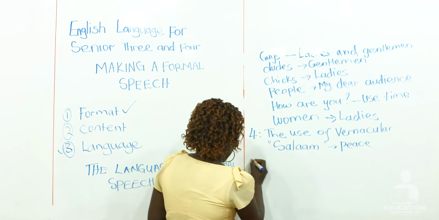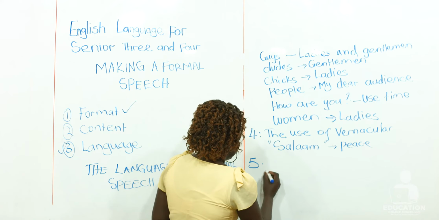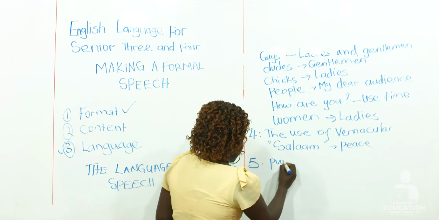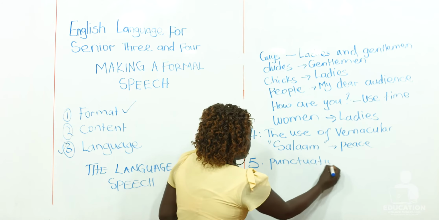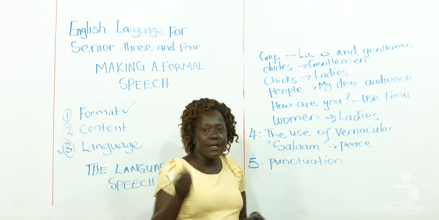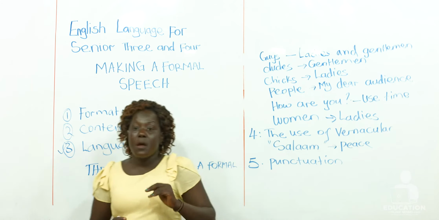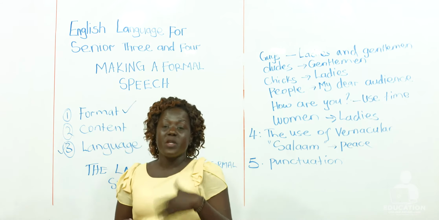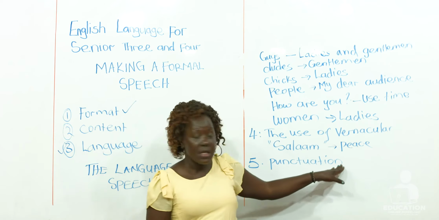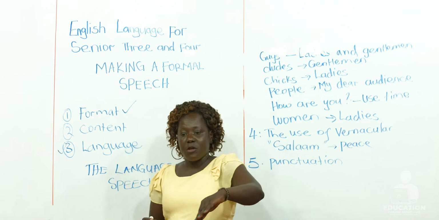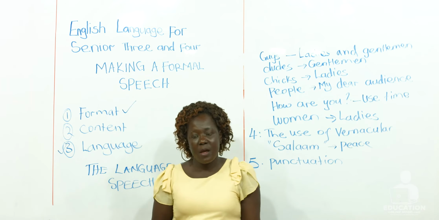Our number 5 is punctuation used. Here, my dear learners, punctuation symbols must be observed. These are just symbols that we use when we are writing or even when we are speaking.